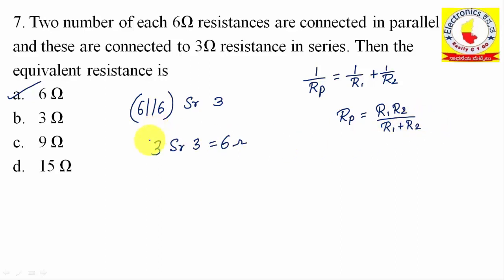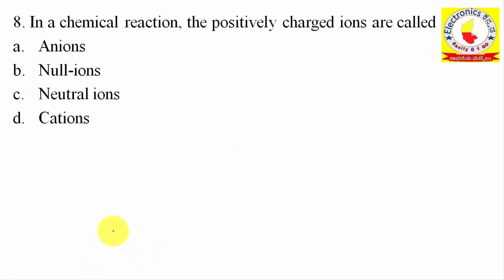So 3 comes, right? Resistance in series, what is the equivalent value, which is R1 plus R2. If you are having n resistances, you are going to write it as R1 plus R2 plus R3 and so on to Rn. So what is the equivalent value you are going to get? 6 ohms. Nothing but which option? Option A is going to follow.